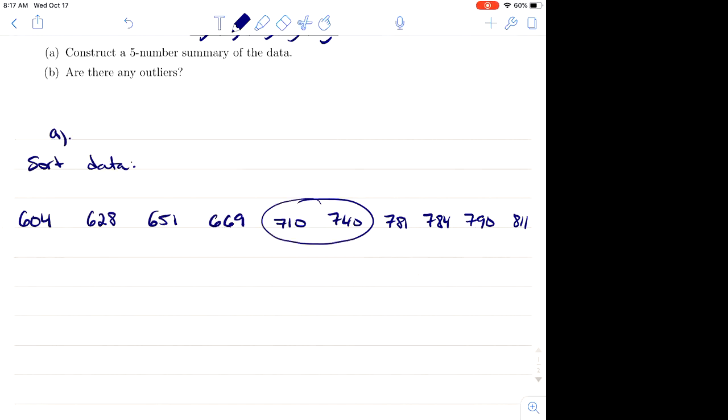So the median, to show that we're taking the average of these two, we circle the two middle ones that we landed on and then put a line through, to show that the median is actually at the line. So median is 710 plus 740 divided by 2.